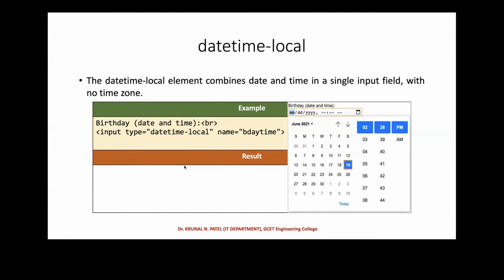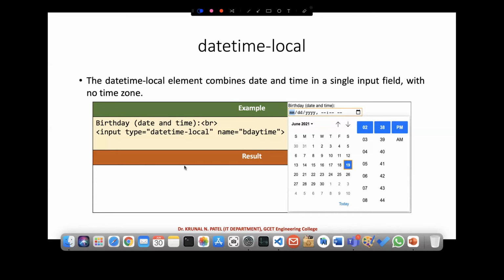Next is datetime-local. Here it provides both the views, so you can select the date as well as time. Here you can see in the output that the type equals to datetime-local. The same name you have to provide, with dash local, right?